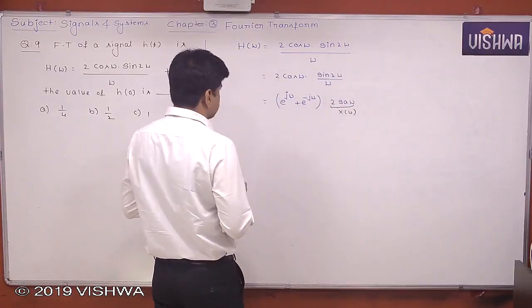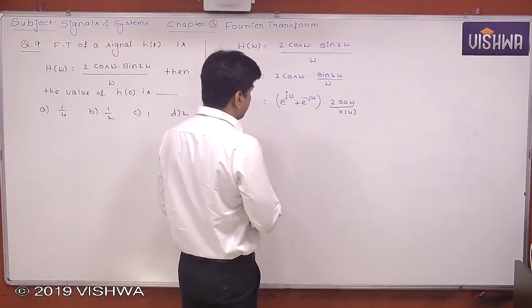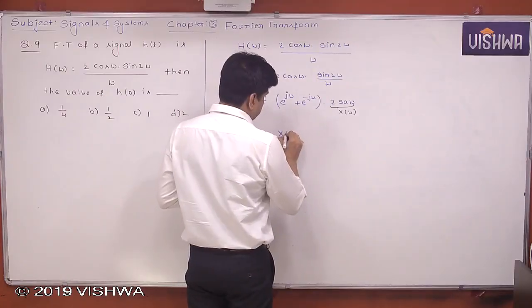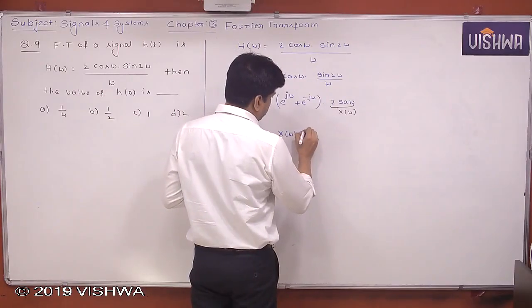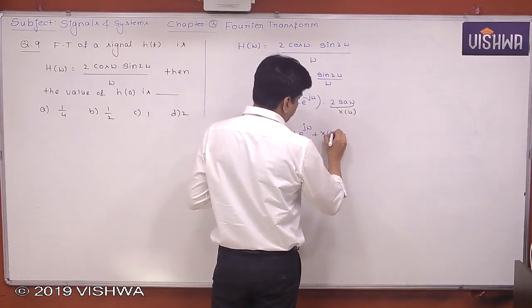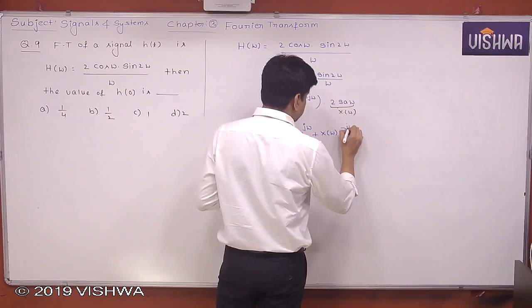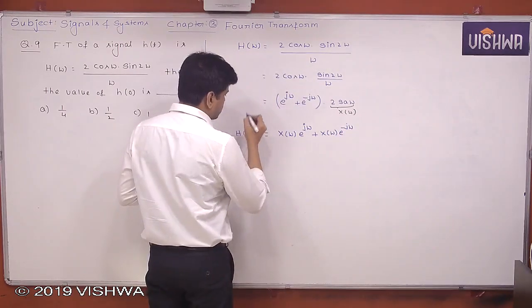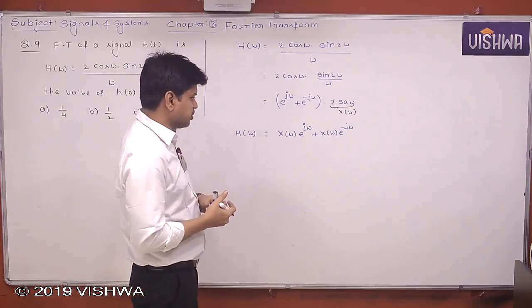Now we can write h of omega as X of omega e power j omega plus X of omega e power minus j omega. This is what h of omega is given.